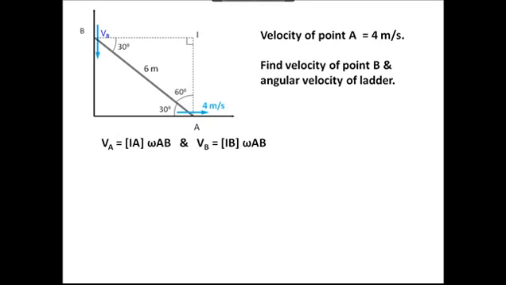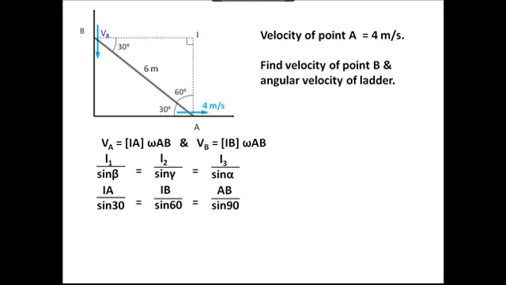Therefore, each point has only one velocity with reference to the instantaneous center, and that is distance into omega. Now we use the sine rule for triangle IAB: IA upon sine 30, IB upon sine 60 and AB upon sine 90. Distance AB is given, and therefore we can work out IA as 3 and IB as 5.196.